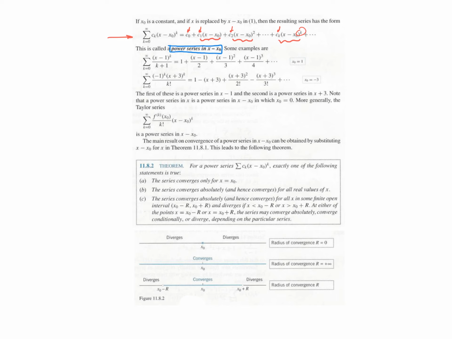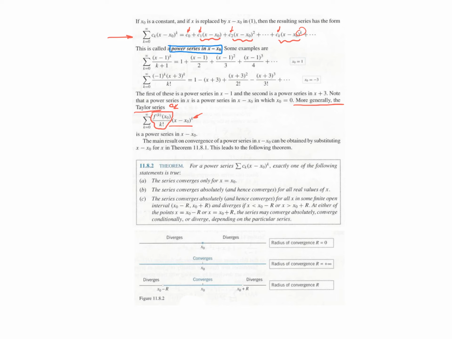And again, it's here somewhere. All Taylor series are power series in x minus x sub 0 right here. More generally, the Taylor series, boom. And again, for the same explanation, this all comprises c sub k, that's a weird looking c, and then we have our binomial-looking part, x minus x sub 0 to the k, etc. So every Taylor series is a power series in x minus x sub 0.